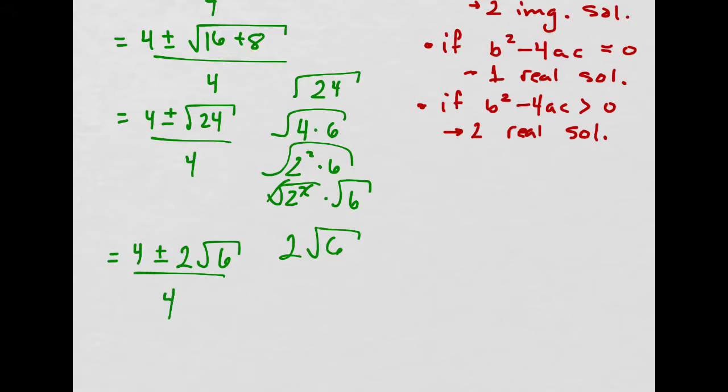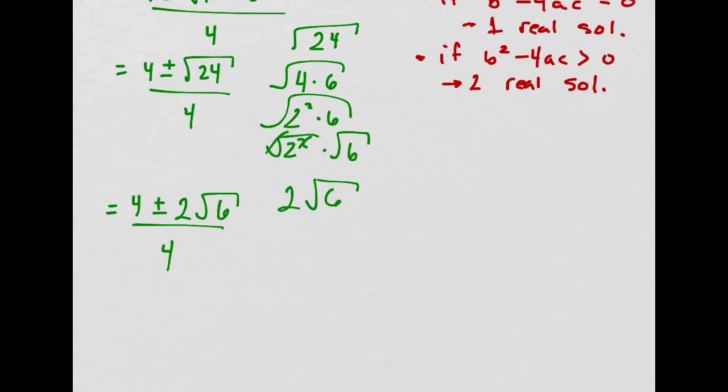Now I can reduce stuff. If I'm going to reduce these, I have to do it at the same time. This is the same thing as 4 over 4 plus or minus 2 root 6 over 4.